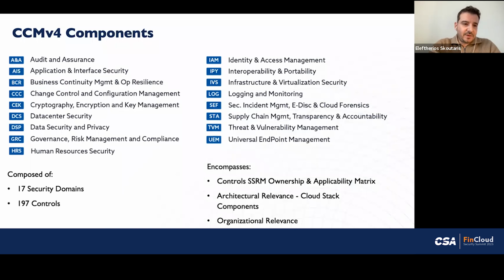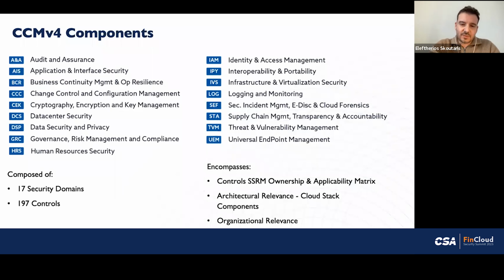The objective in the development was to introduce new additional controls in the standard in order to better reflect the changes that took place in the meantime in the evolution of the cloud security landscape, both in terms of the new technologies that were introduced as well as the legal and regulatory environment. As you can see, V4 is comprised of a total of 17 security domains and a total of 197 control specifications.